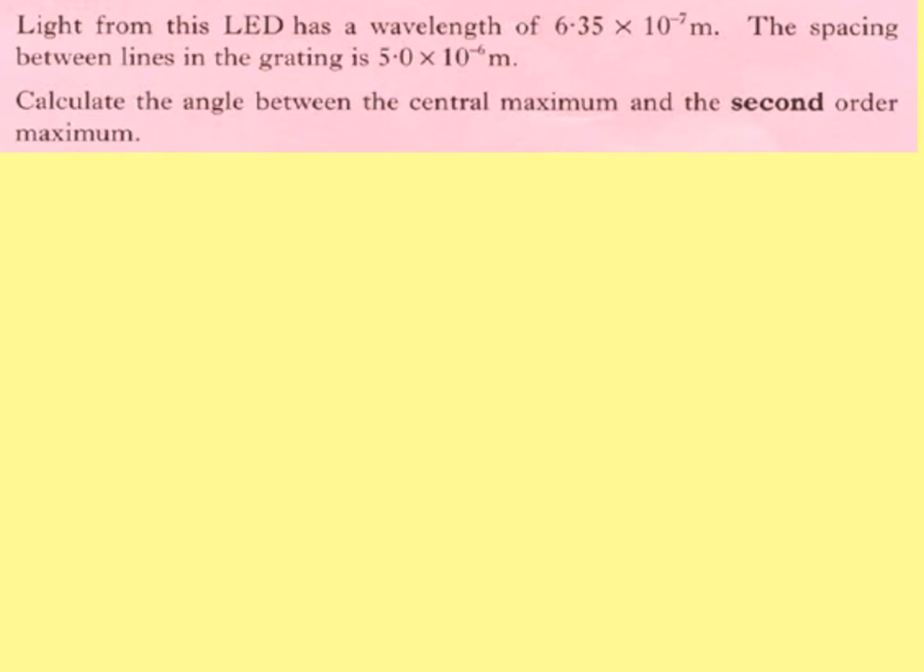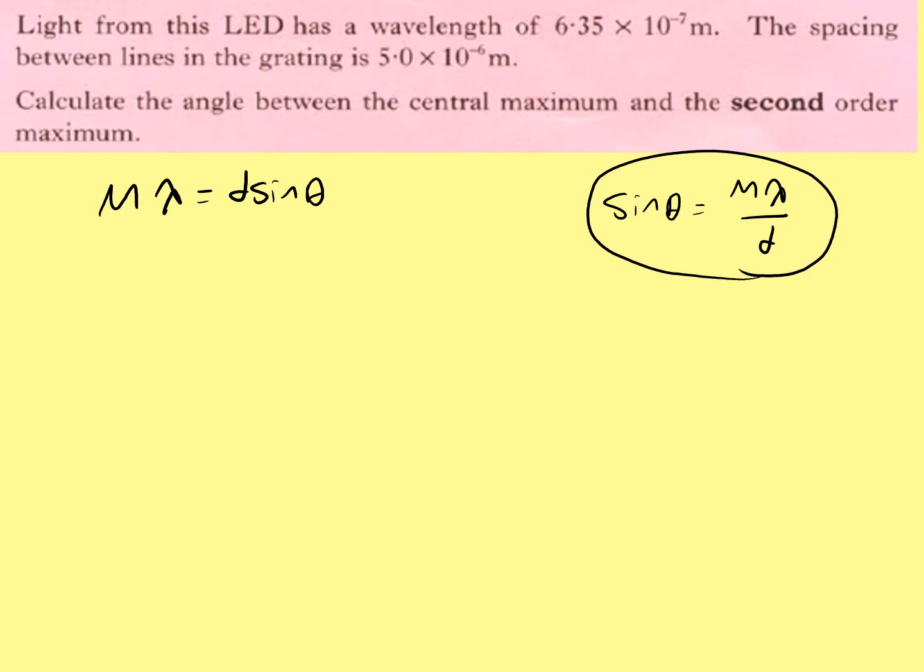Okay. So we know our equation is m lambda is equal to d sine theta. A useful rearrangement of this equation is sine theta is equal to m lambda over d. Now this isn't how it appears on the relationship sheet, but you should take note of it because it's a useful equation.